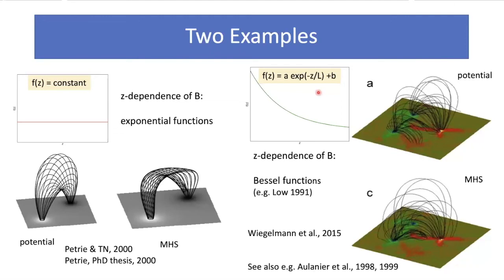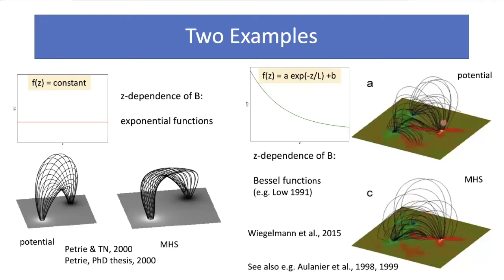So you can basically go from something which is magnetohydrostatic to something which is linear force-free at a certain height. And that's what we've used in this 2015 paper, of which I showed the A, B, C things before. This is shown on the right-hand side here.